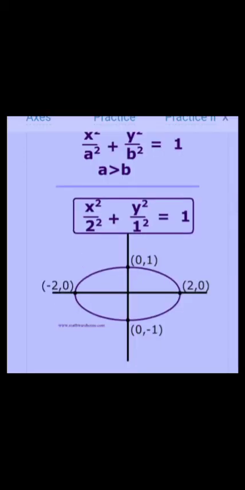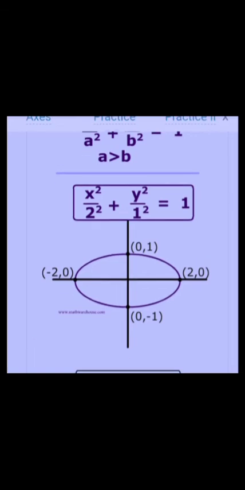For example, that is x squared all over 2 squared plus y squared all over 1 squared is equal to 1. So our a here, which is 2, is greater than our b, which is 1. This equation forms an ellipse that is horizontal. Positive and negative 2 in our x-axis, and our y is 0, is positive and negative 1 in our y-axis.